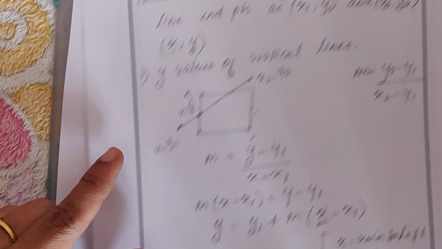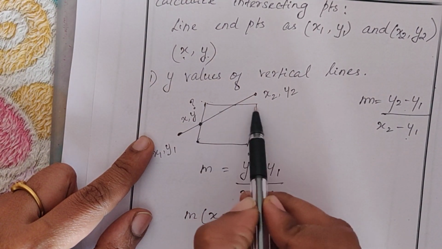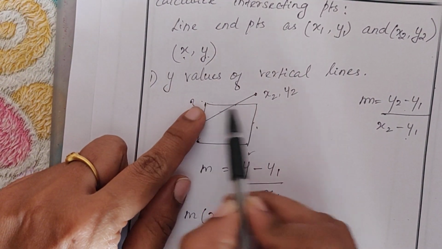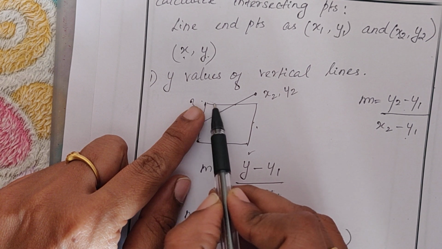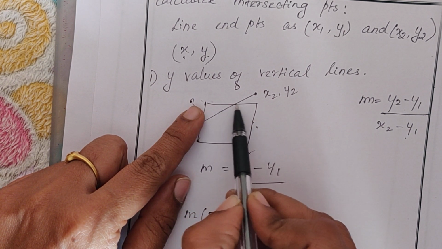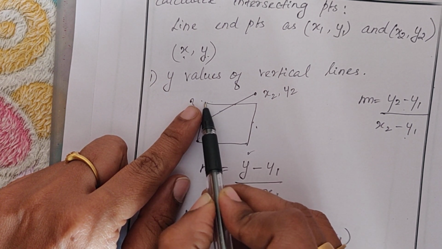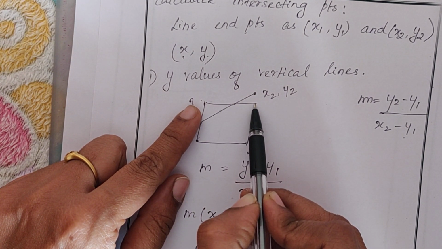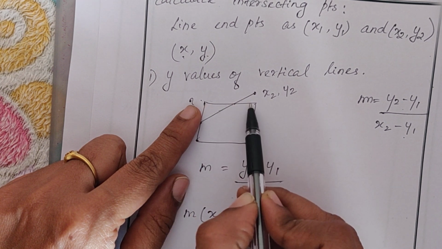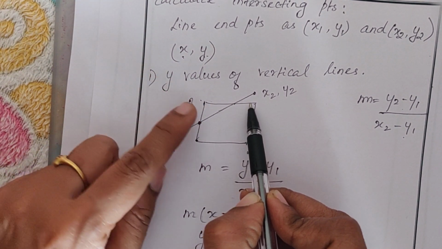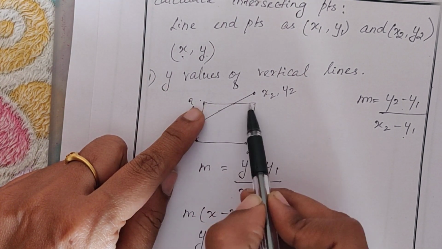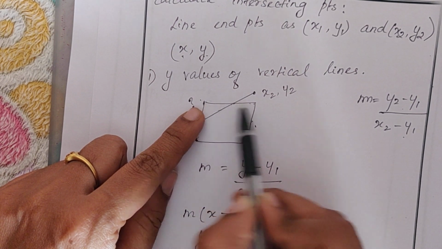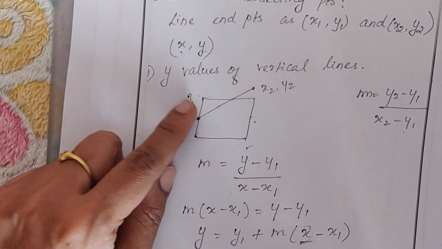If you take this horizontal line, y remains the same, only x keeps on changing. Starting from x min, it keeps on changing and it will reach x max. So what am I supposed to calculate? x I have to calculate, and y remains the same.